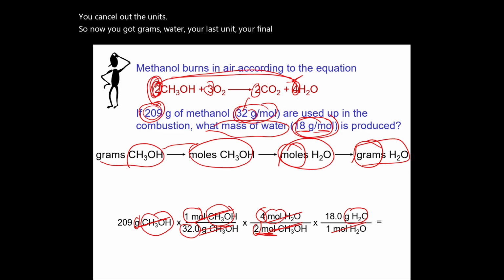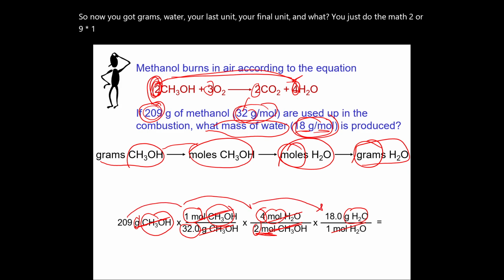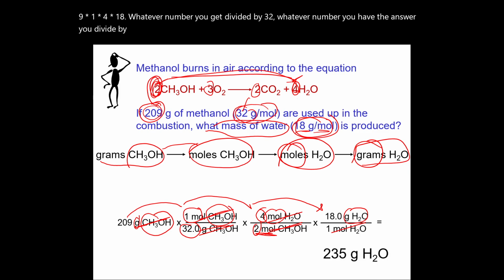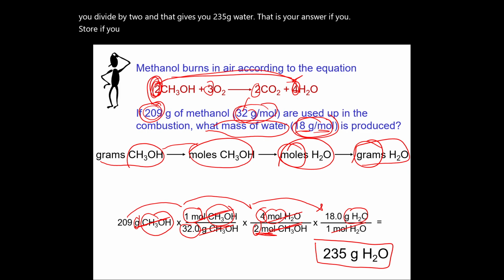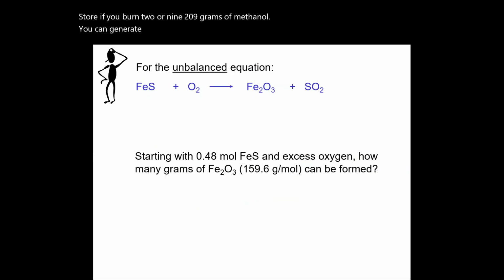And you just do the math: 209 times 1 times 4 times 18, divided by 32, and then divided by 2, and that gives you 235 grams water. That is your answer. If you burn 209 grams of methanol, you can generate 235 grams of water.